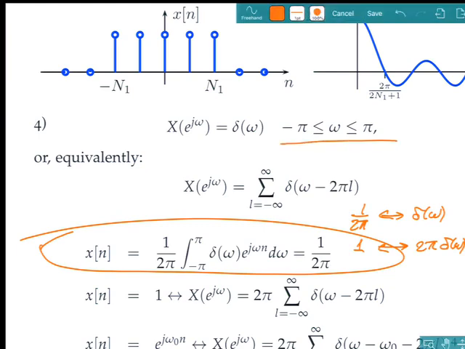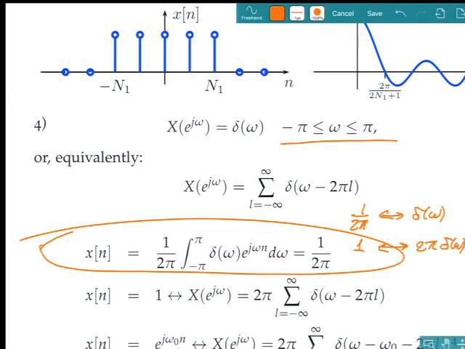But be careful here, because what I said here is when omega is between negative pi and pi, because I know these Fourier transforms are periodic, right? I can't just have the Fourier transform of a discrete time signal be delta of omega and nothing else. Delta of omega is not periodic, right? The only thing that would make sense is a delta that repeats itself every 2 pi.